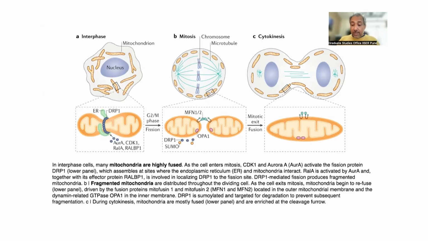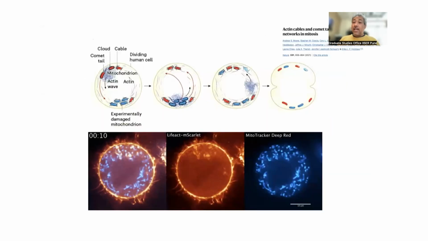It was still last year that there was a study that remarkably showed that there is an active mechanism that is mediating this, right? And this is very interesting because the mitochondria in some cases actually have tails of actin that move them around, right?